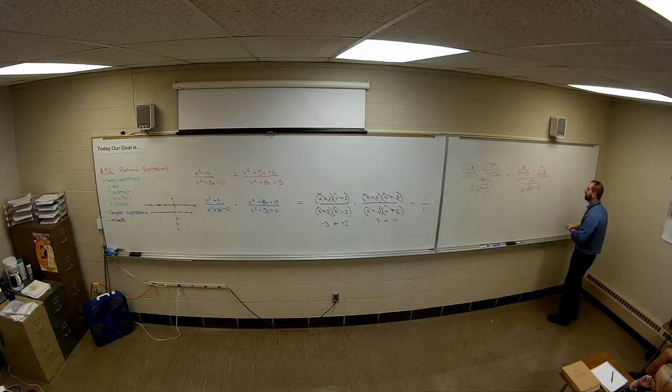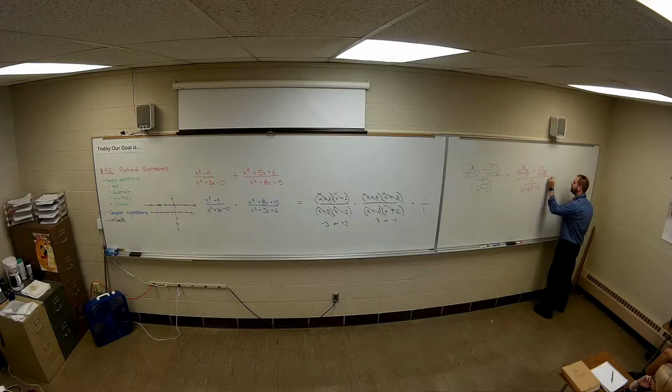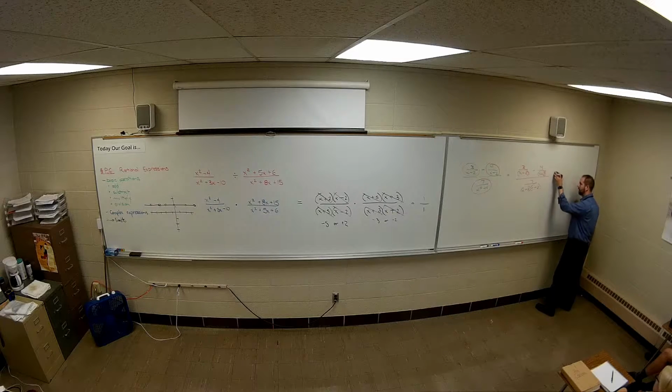What I would do is multiply this entire thing by the number 1, but instead of multiplying by 1, you multiply by the common denominator. So I'm going to multiply by x plus 2, x minus 2 over x plus 2, x minus 2.